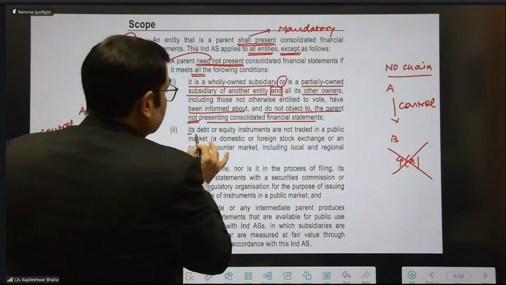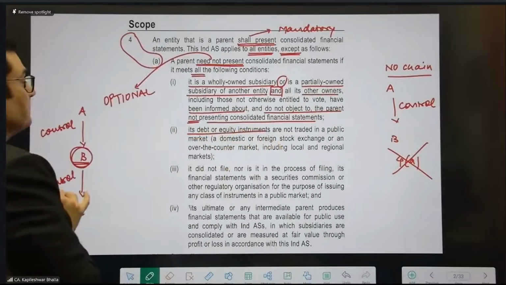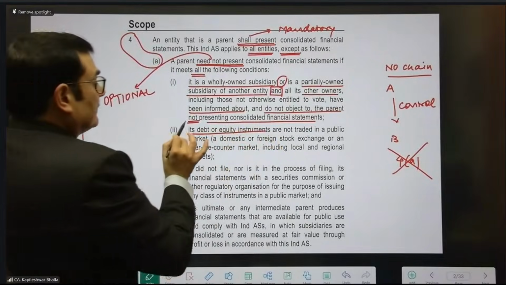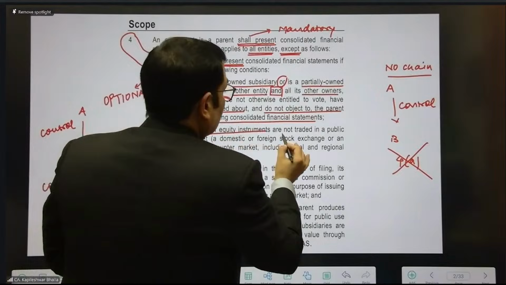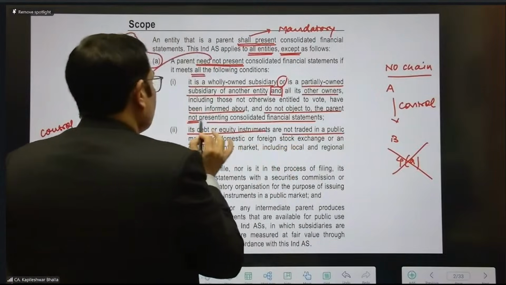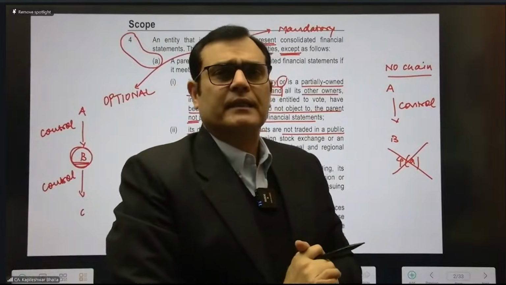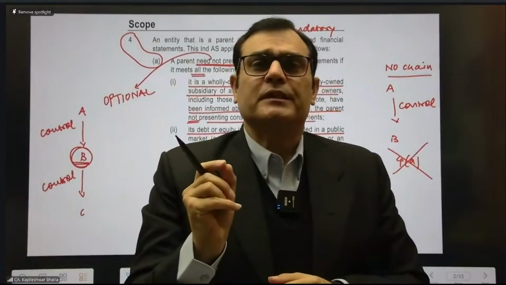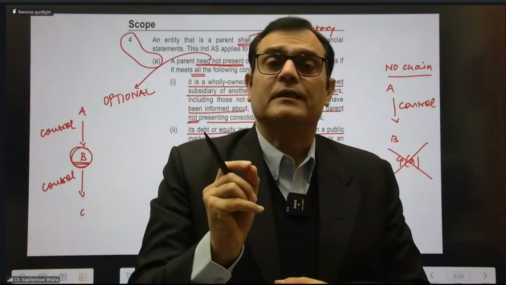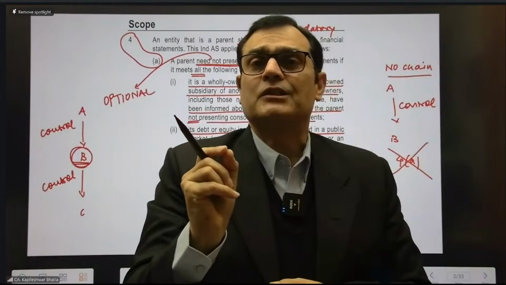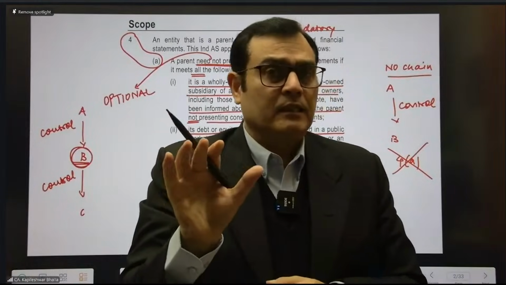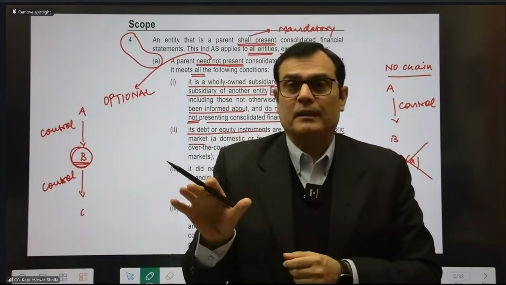It says the debt or equity instruments, which means we're looking at B, are not traded in a public market. I'm not reading the brackets. In other words, we are saying that the debt and equity securities of B Limited are not listed on any stock exchange. In other words, B is not a listed company.